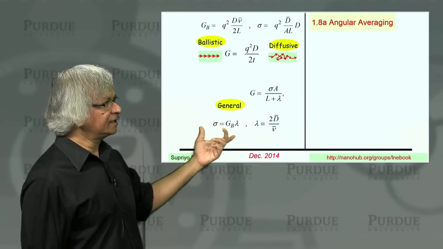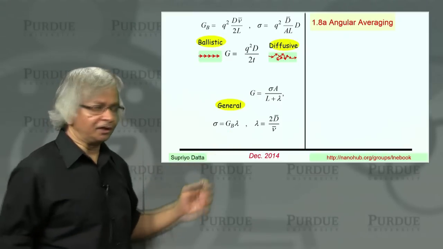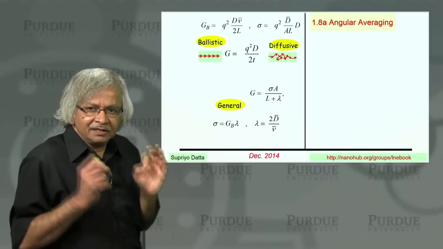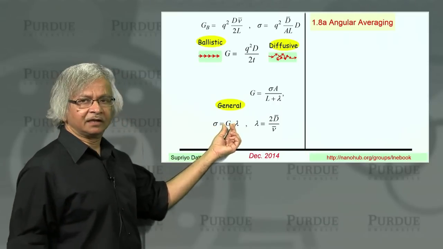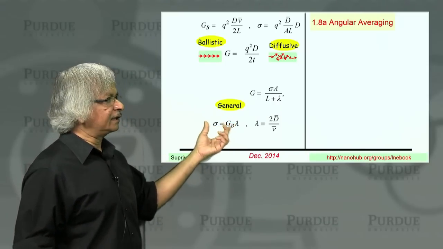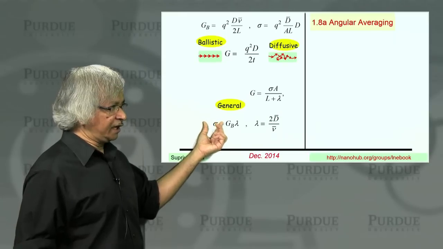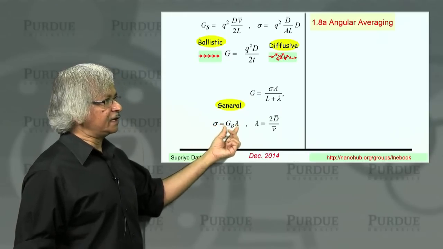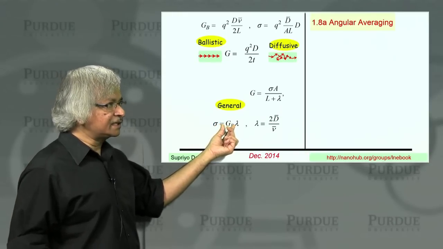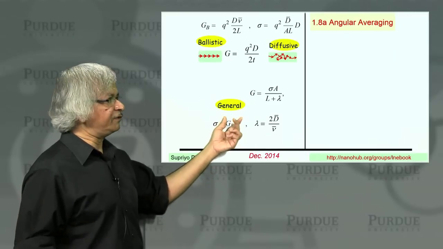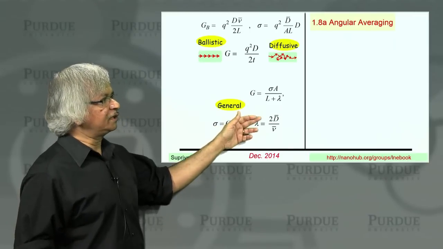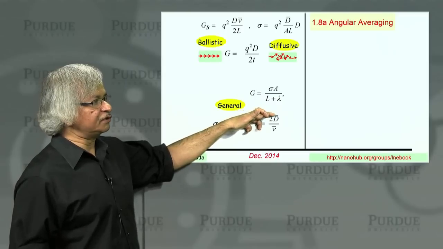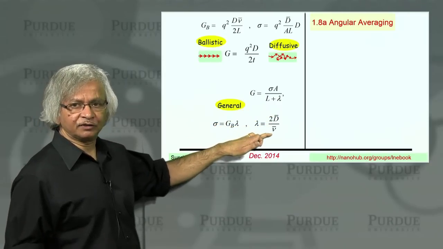And as I mentioned, this is the new perspective we are talking about, where the fundamental material parameter is this ballistic conductance. And the conductivity times area is this ballistic conductance times the mean free path, this lambda, which we defined as the ratio of this diffusion coefficient to the average velocity.